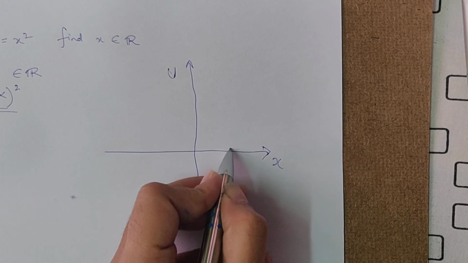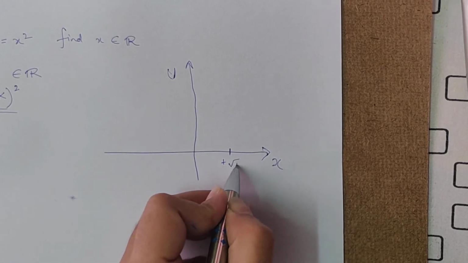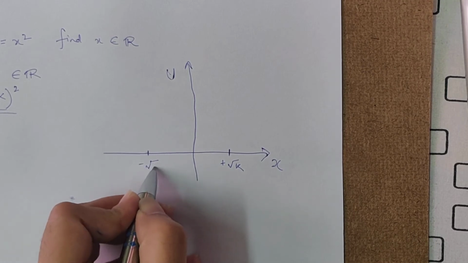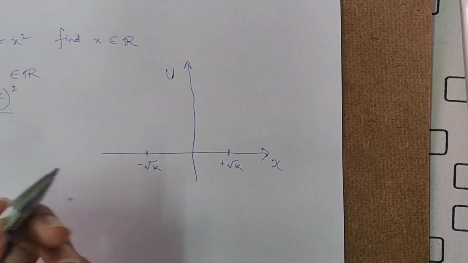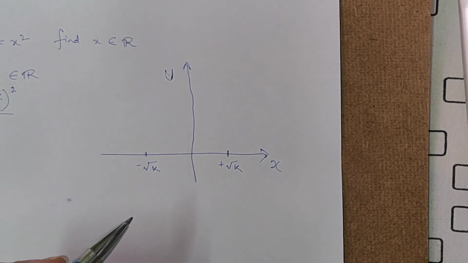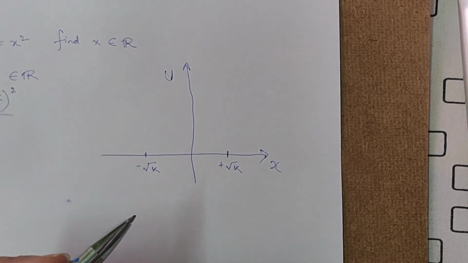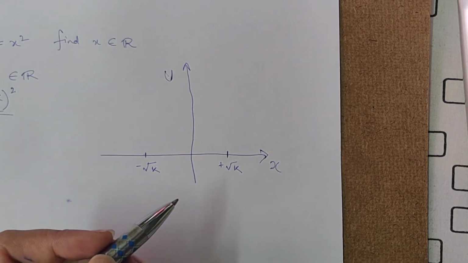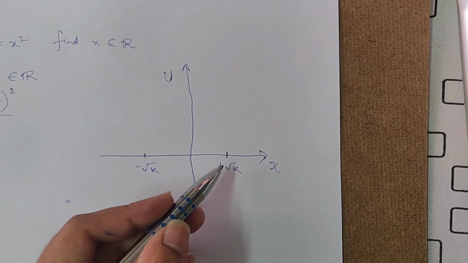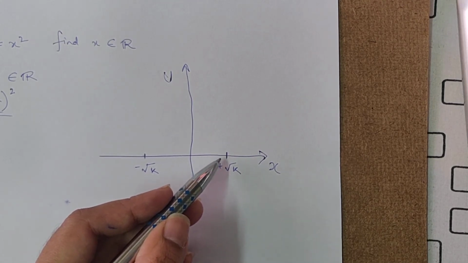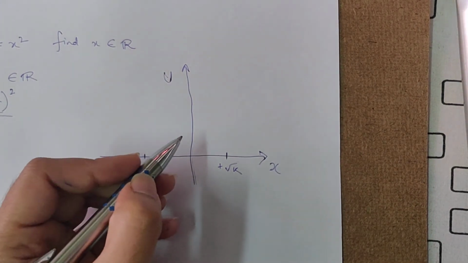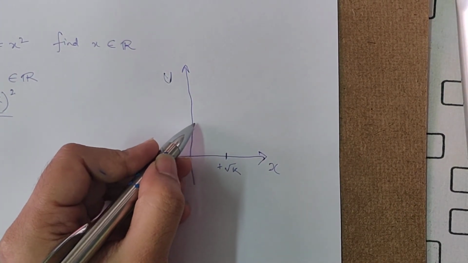So there is plus root k here, and there is minus root k here, and at both of these values of x, the value of u will be 0, right? Okay.